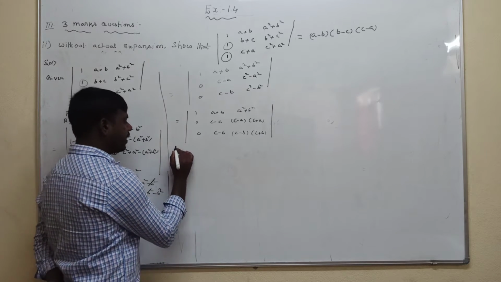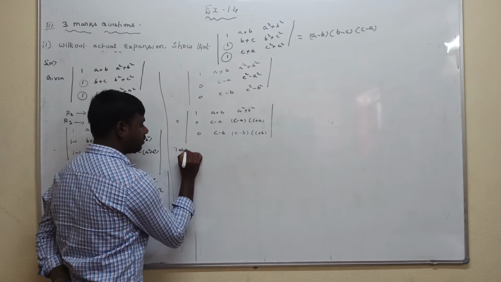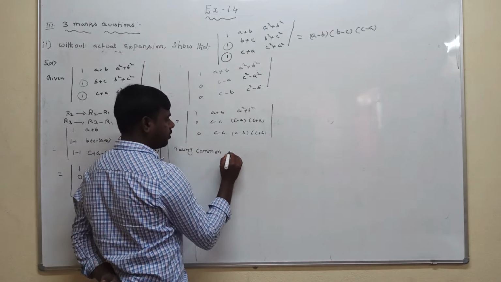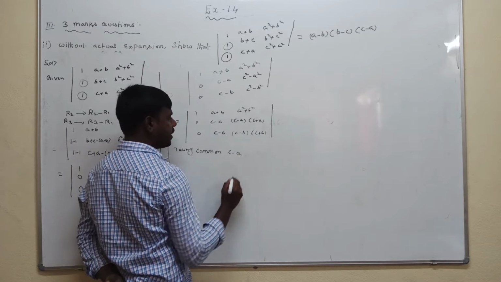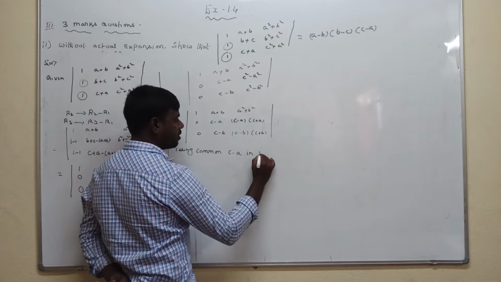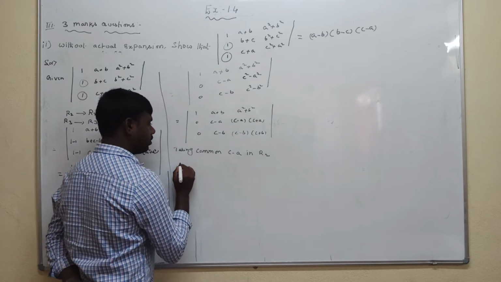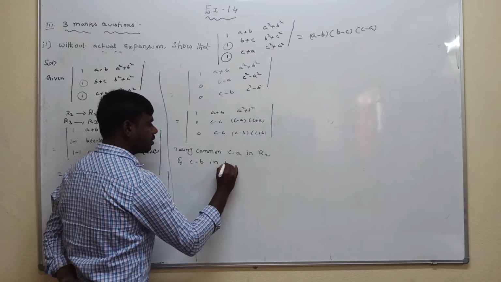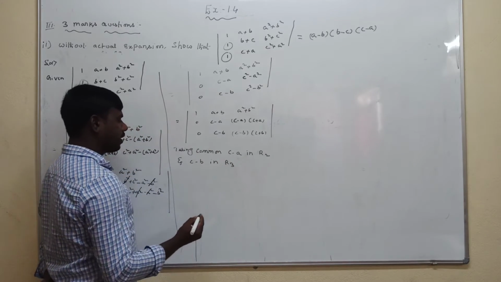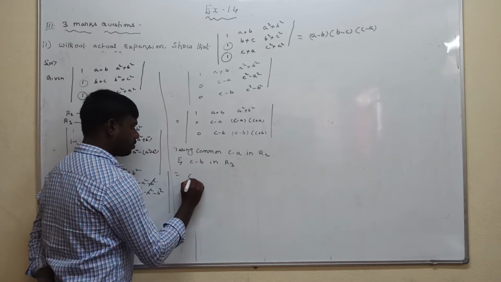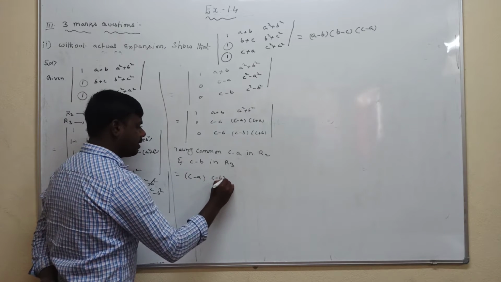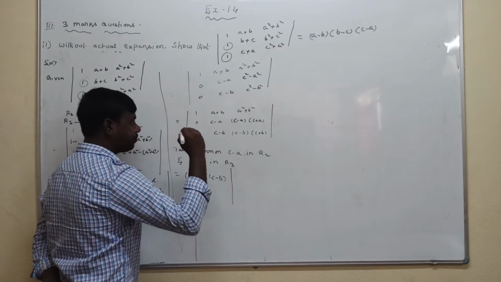Taking common outside, c minus a in the second row and c minus b in the third row. So now taking common, one is c minus a, another one is c minus b.